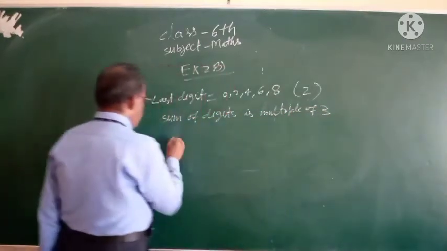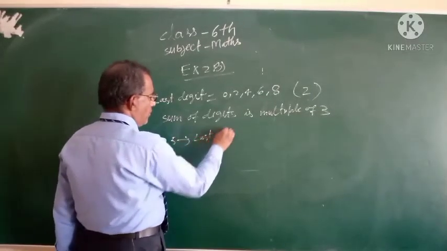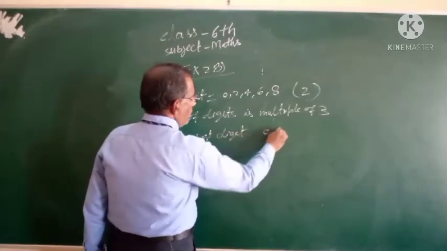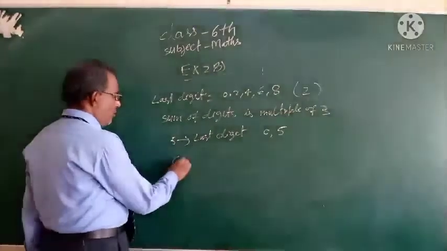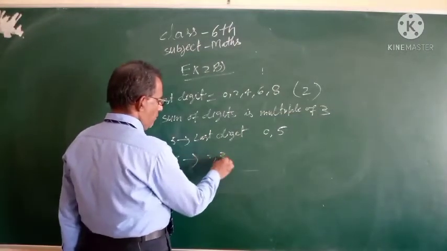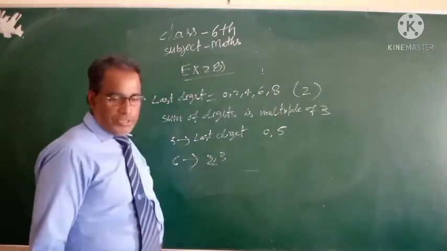And for 5, if the last digit is either 0 or 5, then that number is divisible by 5. For 6, if the number is divisible by 2 and 3, then it will be divisible by the product of 2 and 3, that is 6.